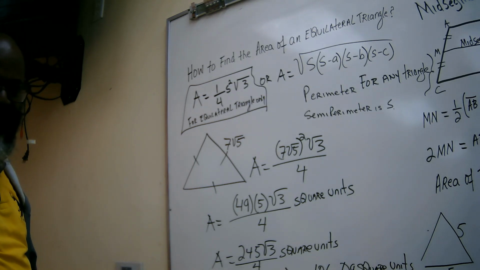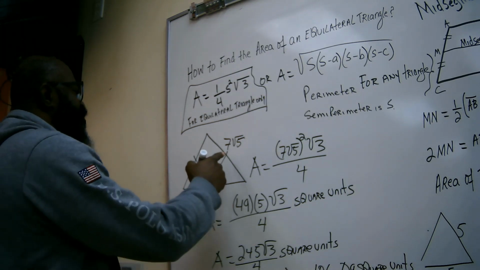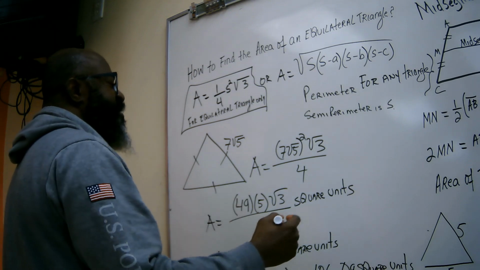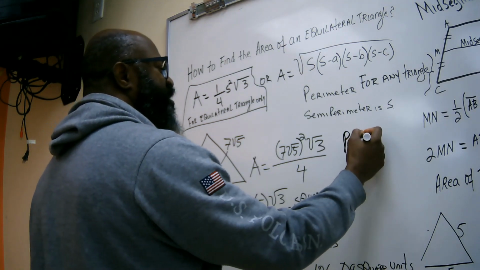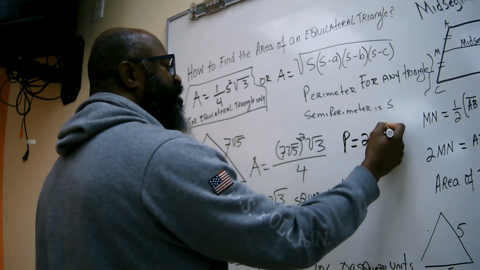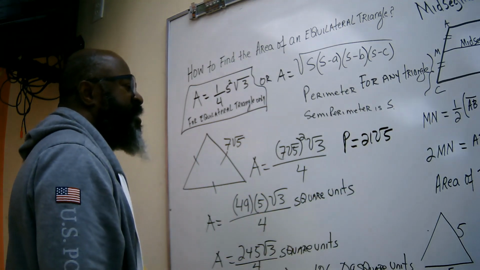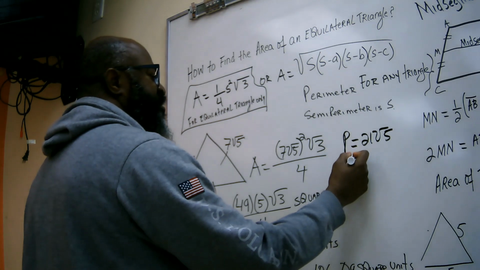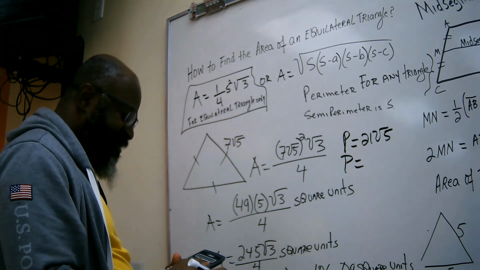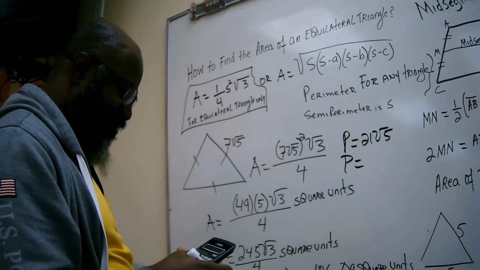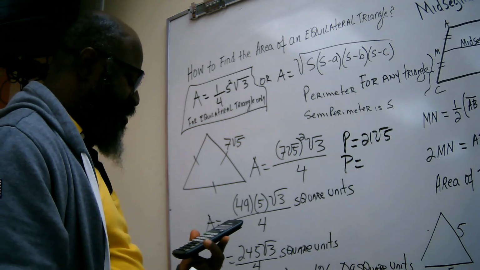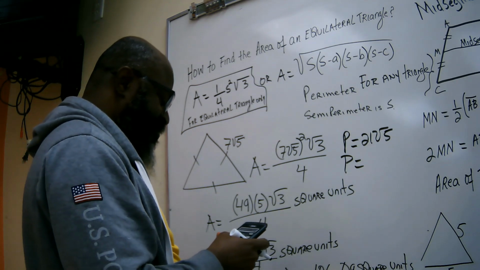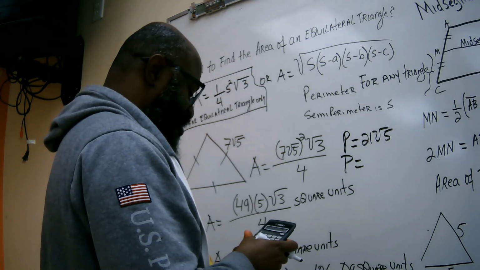If you were to use the other formula, take this multiplied by 3, that will give you the perimeter. Then you will have P equals 3 times that, which is 21 square root of 5. Since you want that in decimal, square root of 5 is about 2.2360. Then multiply this by 21.